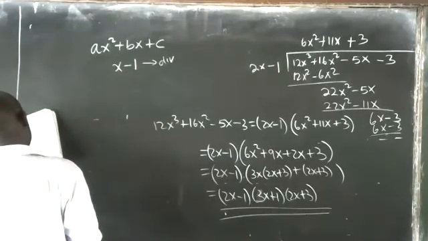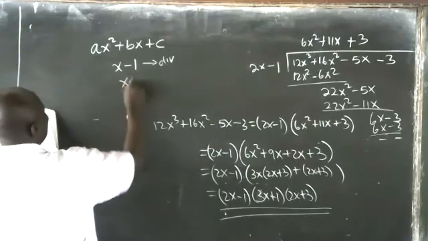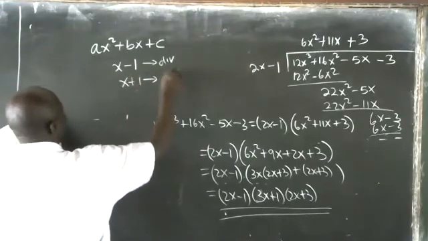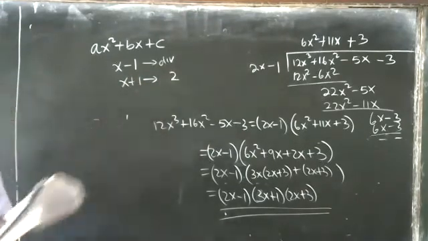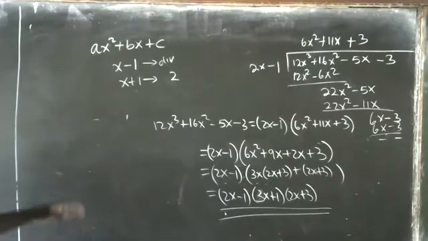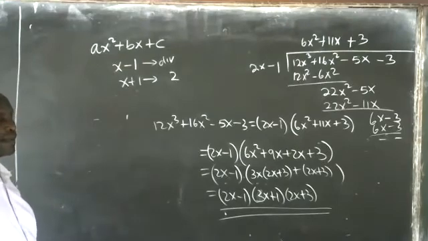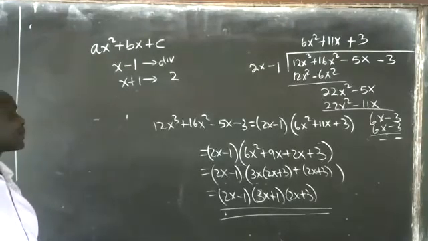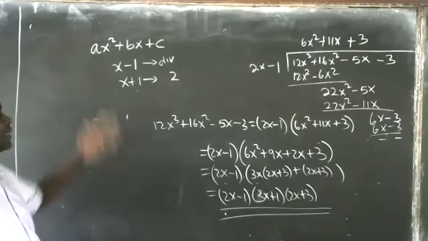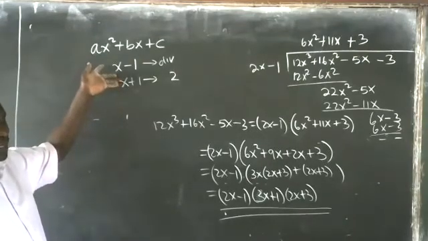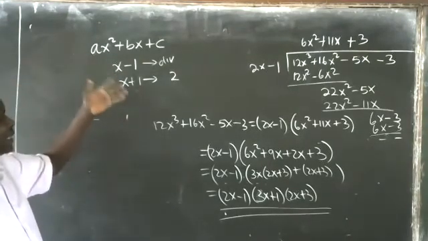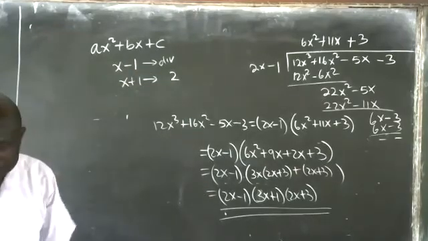And has a remainder 2 when divided by x plus 1. Remainder is 2. It has given us two divisors. X minus 1 is a factor because there is no remainder. X plus 1 has a remainder 2.